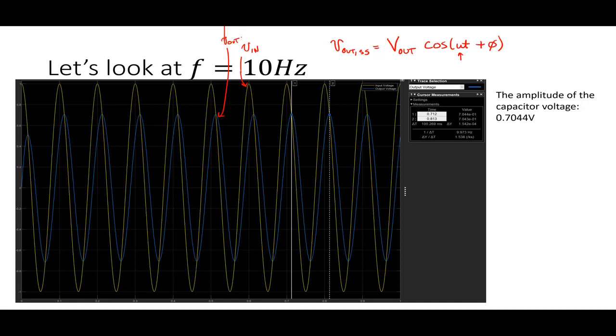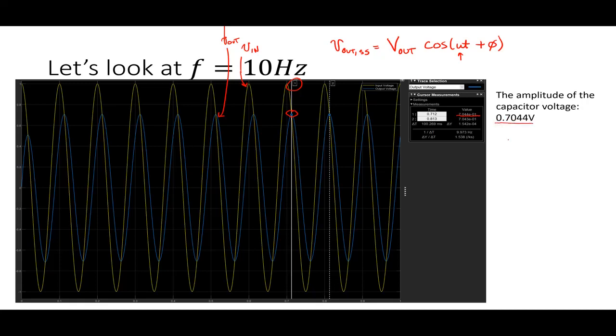So what I do is I took my cursors and I tried to measure the peak value of that guy. It appears that the peak value I got is 0.7044. Where I'm looking at that is right here: for cursor 1, the value, which is apparently right there, says 7.044 times 10 to the minus 1, or 0.7044.